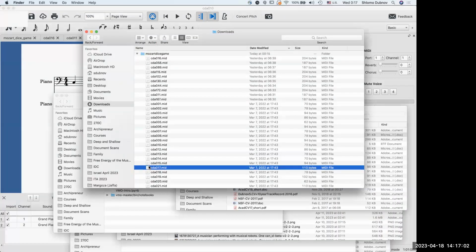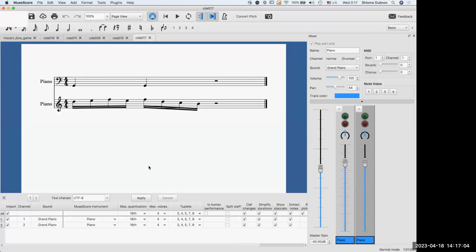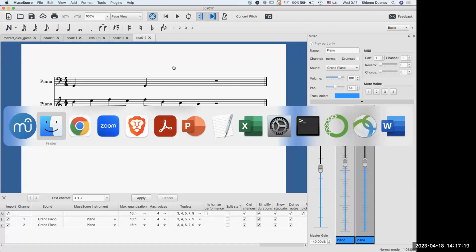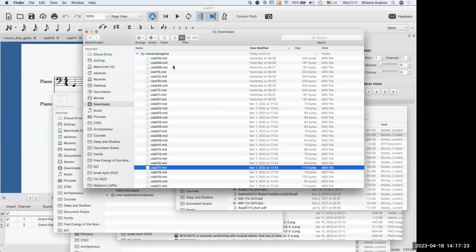We basically have these little half-measure musical pieces, and each one has a name, which is basically the CDA and a number. We downloaded this from one of the web demonstrations of the Mozart dice game that claimed they entered the notes from the original Mozart dice game book.